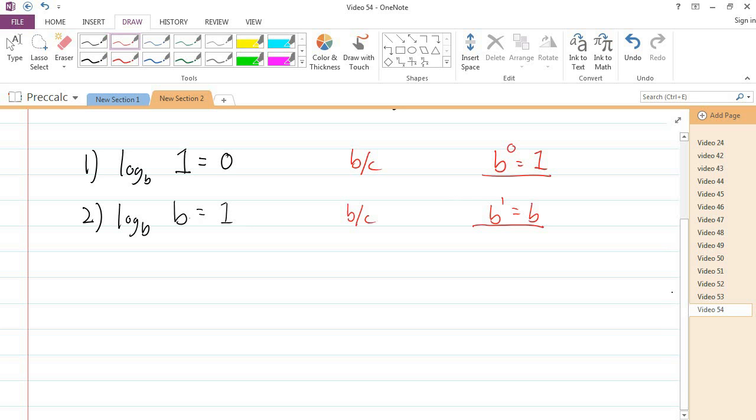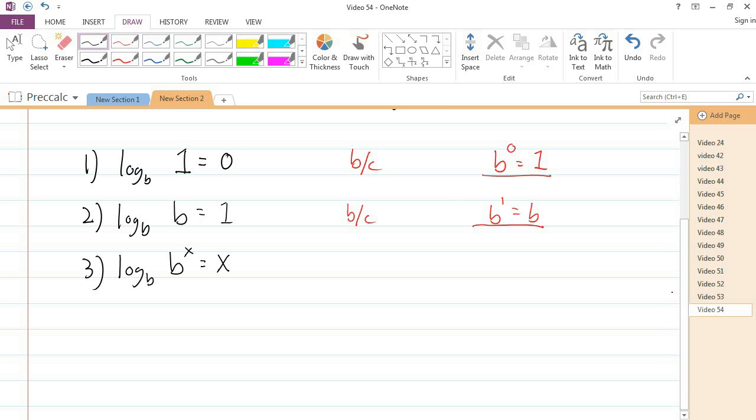Okay? Property 3 is a little more profound. If I take a log with some base of my base raised to a power, what I get is that exponent.